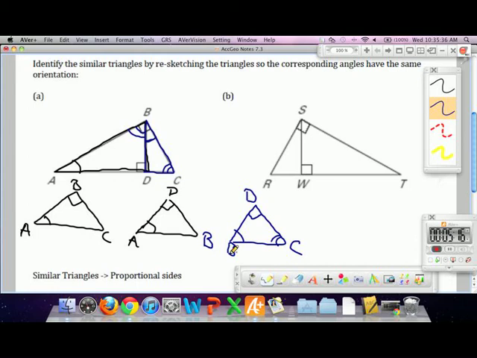So when I want to write a similarity statement, say triangle ABC, triangle ABC is similar to which two triangles? ADB. And it's also similar to which triangle? If I go ABC, then I went ADB, I better go BDC.